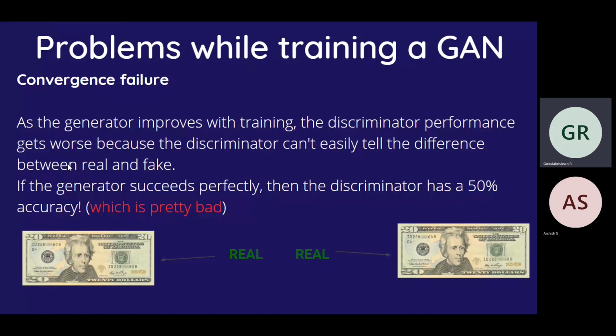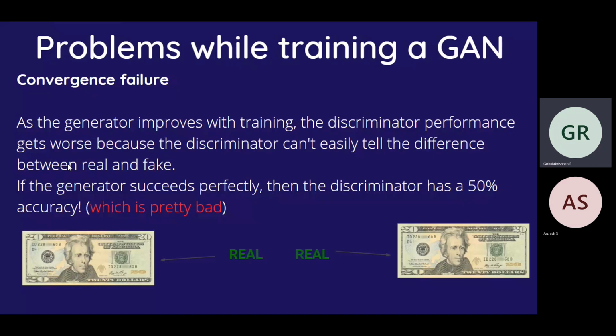We already saw that the generator is basically connected to the discriminator's output. If the output of the discriminator is correct, then the generator can be better trained using that feedback. But if the feedback from the discriminator itself is wrong, then you're training the generator in a wrong way.